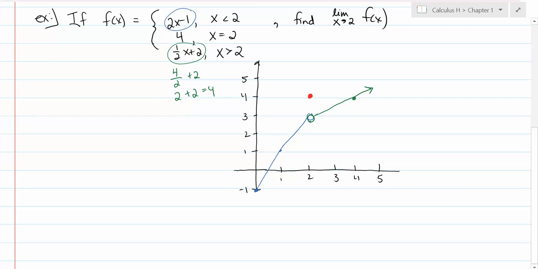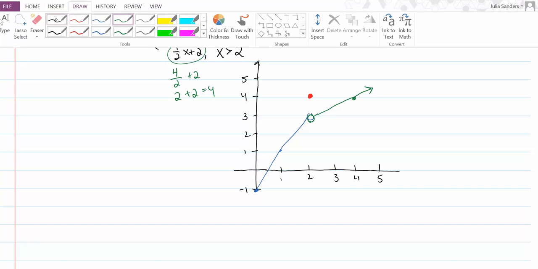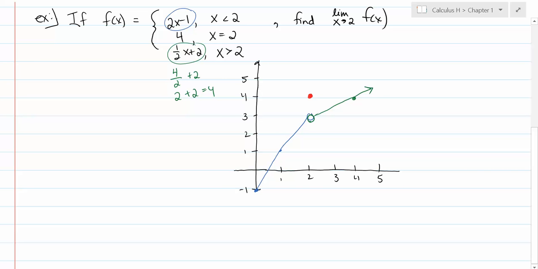Alright, so let's think about what the limit would be as x approaches 2. Let's look at the right hand and left hand side limits just to kind of talk about this a little bit. So the limit as x approaches 2 from the right hand side of f of x, so I'll be using the green function, the 1/2 x plus 2, that would equal 3. The limit as x approaches 2 from the left hand side of f of x, so that'd be the 2x minus 1, that also equals 3.